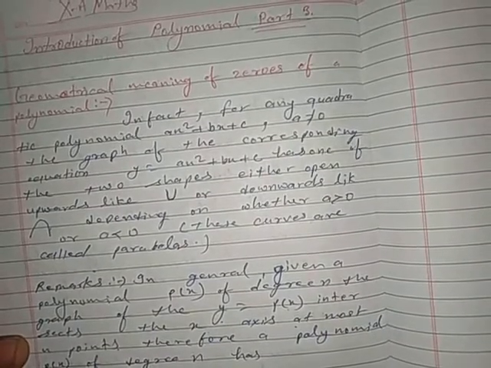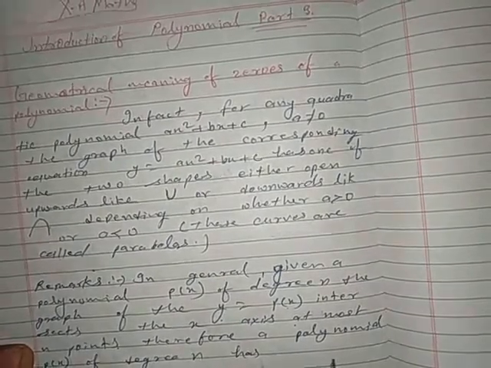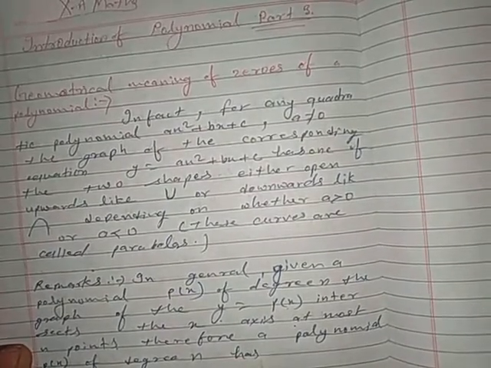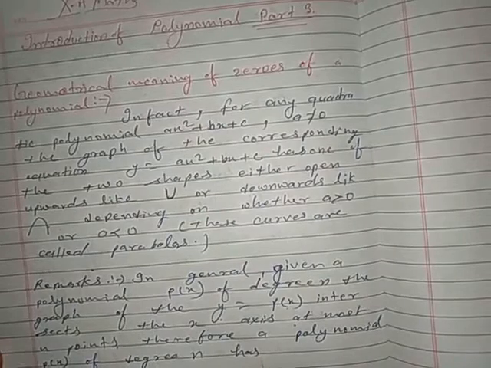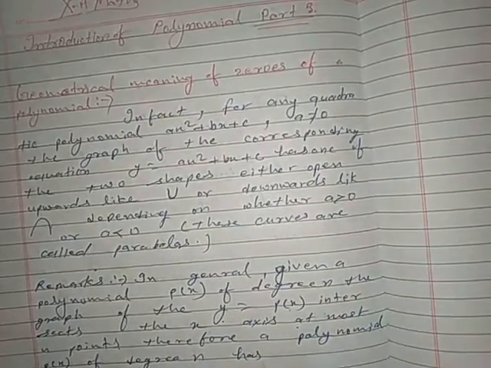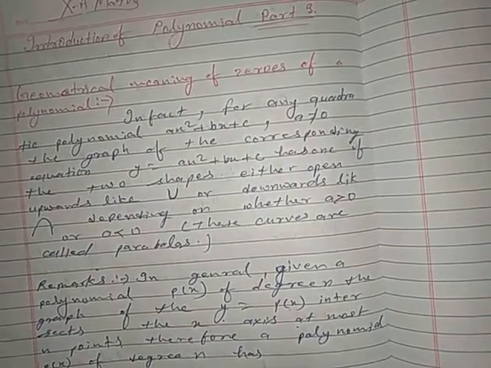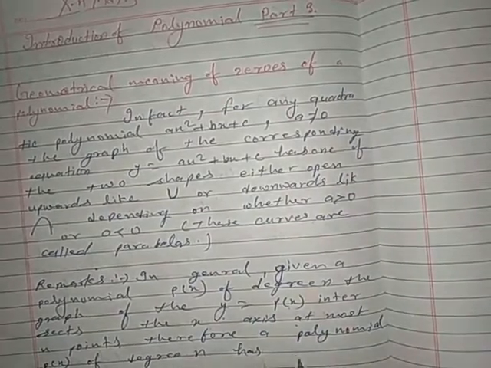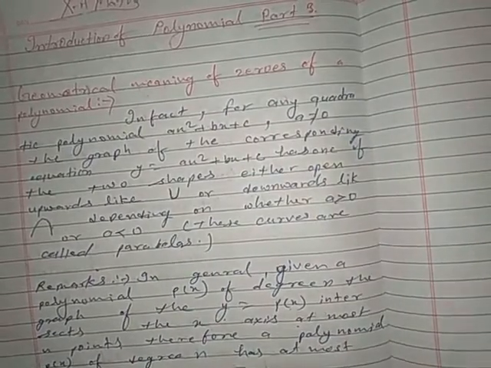The polynomial has at most n zeros. They intersect the x-axis n times in different points.